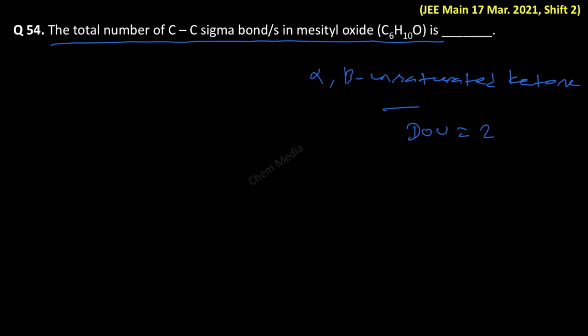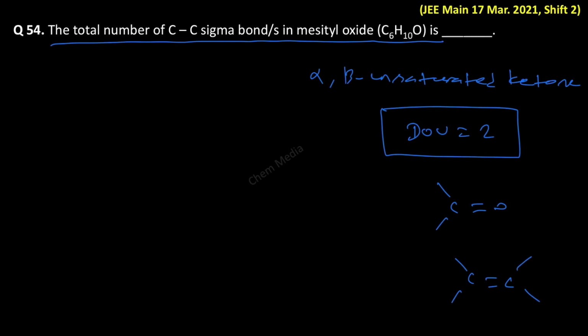The total number of carbon-carbon sigma bonds in mesityl oxide is how many? We know that mesityl oxide is an alpha, beta unsaturated ketone, which means the degree of unsaturation in this case is equal to 2, because in the carbonyl group we have a pi bond and then alpha, beta unsaturation means that we have a carbon-carbon double bond as well.